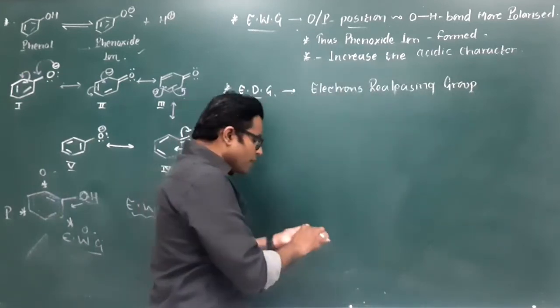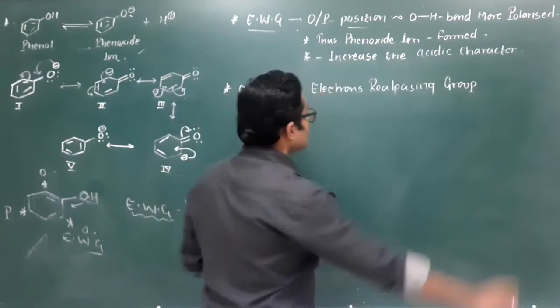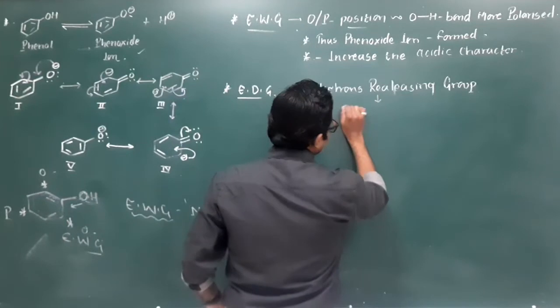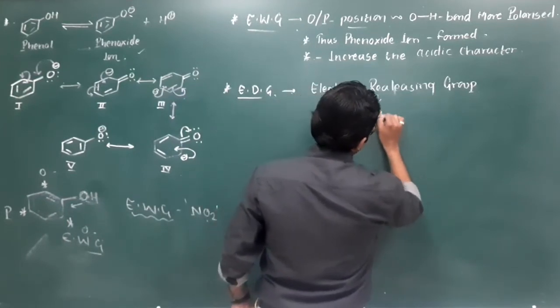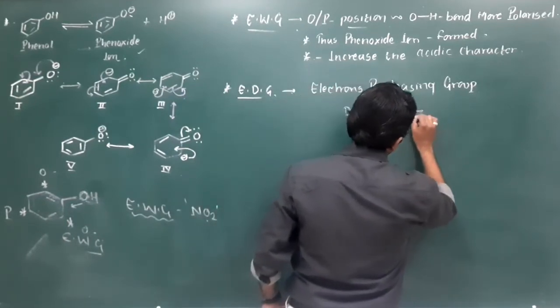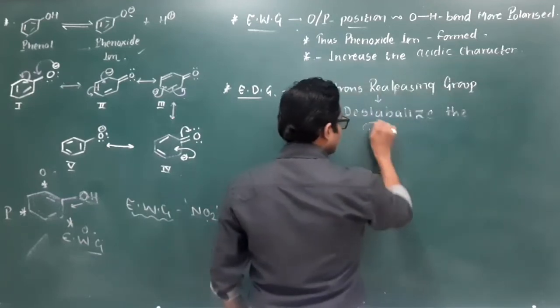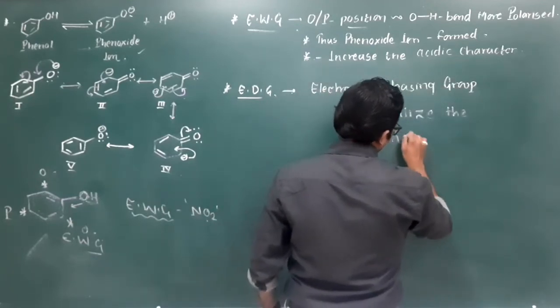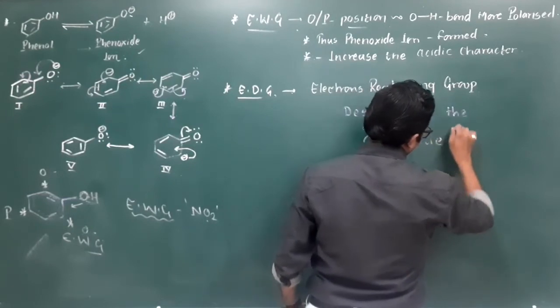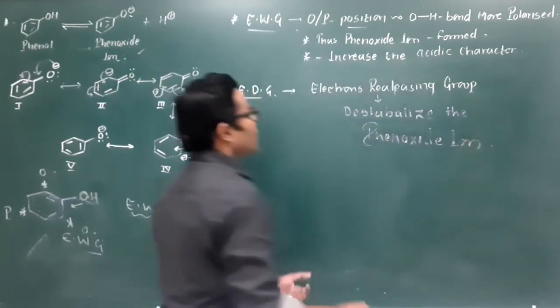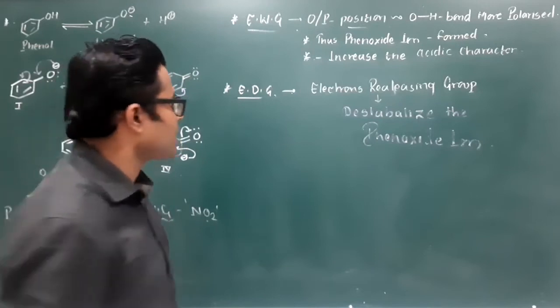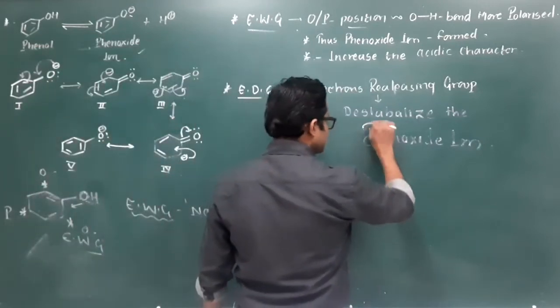So these electron releasing groups simply destabilize the phenoxide ion. They are going to destabilize the entire phenoxide ion in this case.